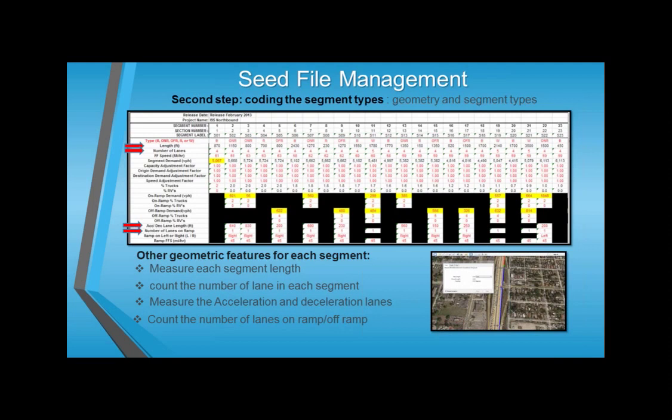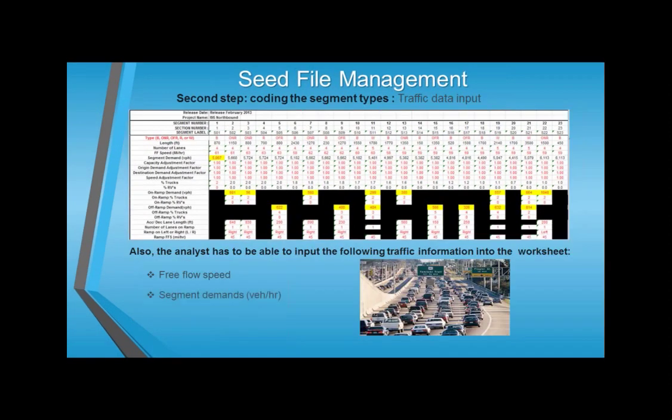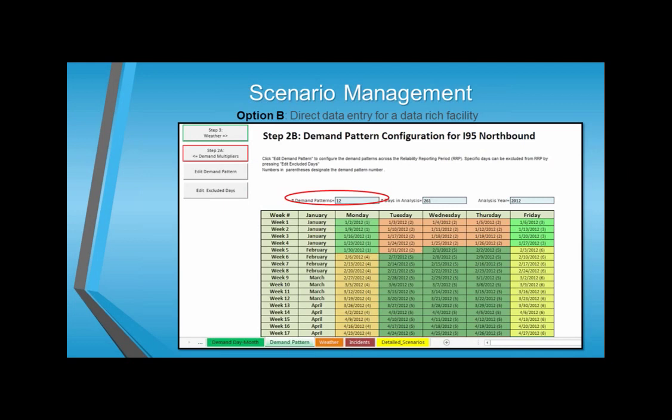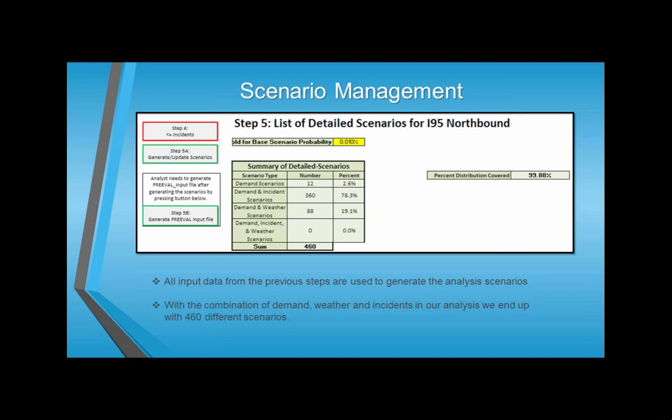In the same worksheet, we have to input some other important information about the traffic: the free flow speed, the segment demand, the truck and recreational vehicle percentage, and some other adjustment factors to be able to get accurate results.